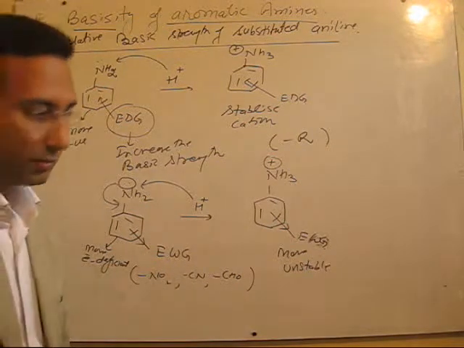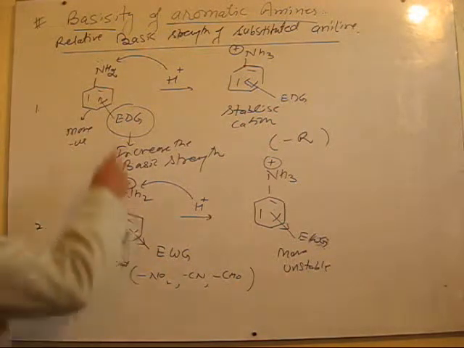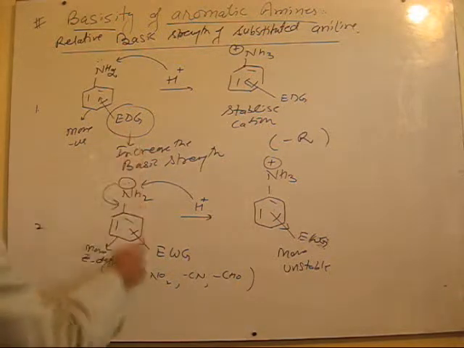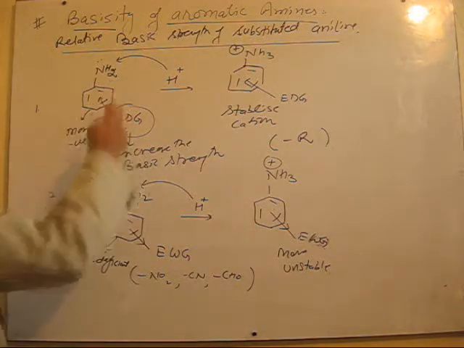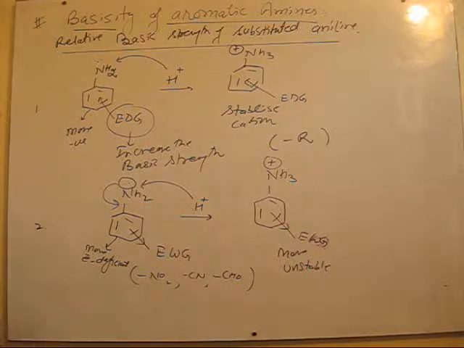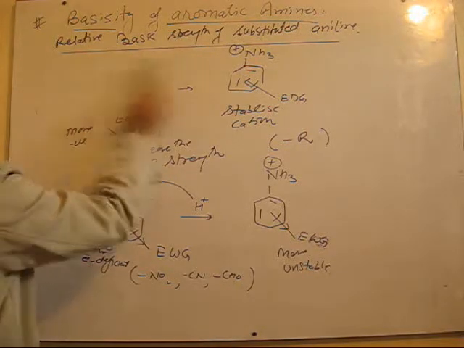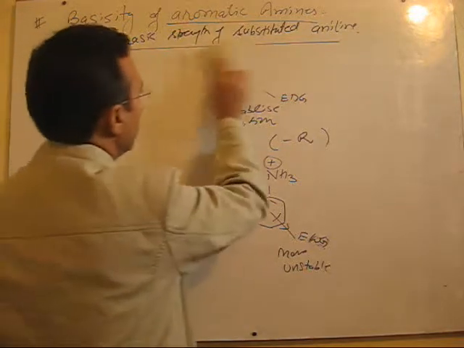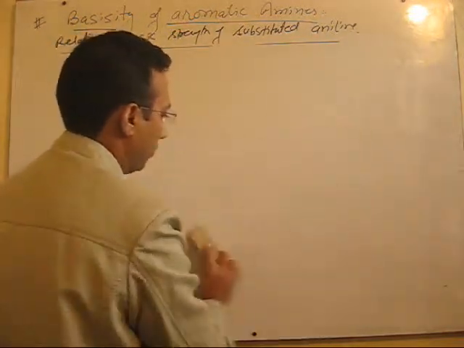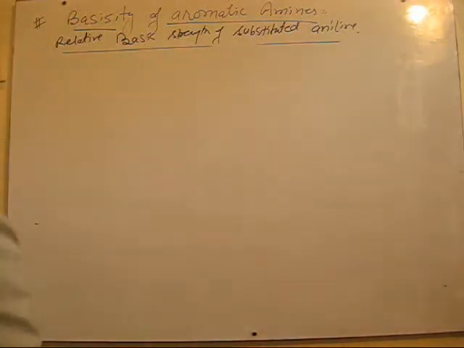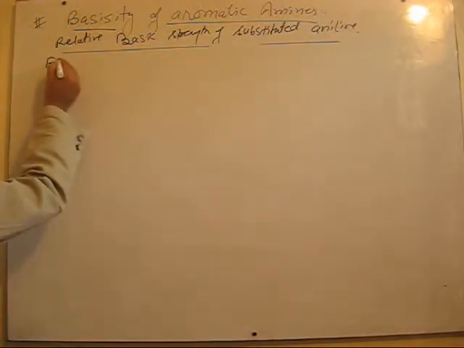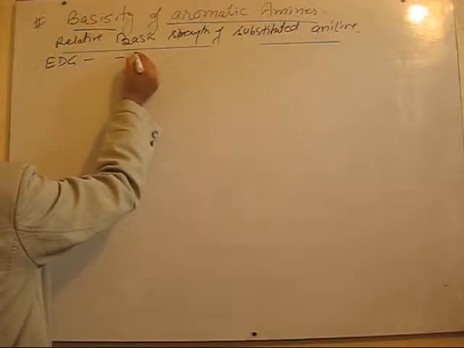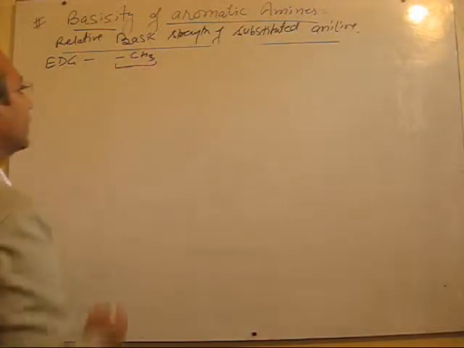Fine. Now let's further discuss the effect of these substituents present on the particular positions of the benzene ring, that is ortho, para and meta positions. Fine. So let's discuss the first case of electron donating substituents, say the effect of methyl group.